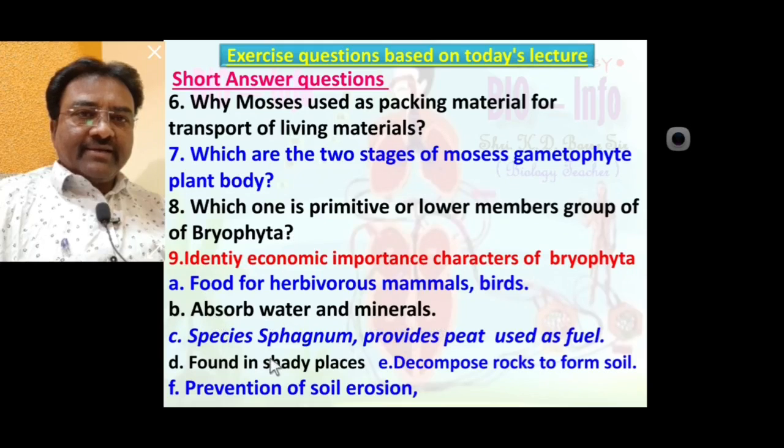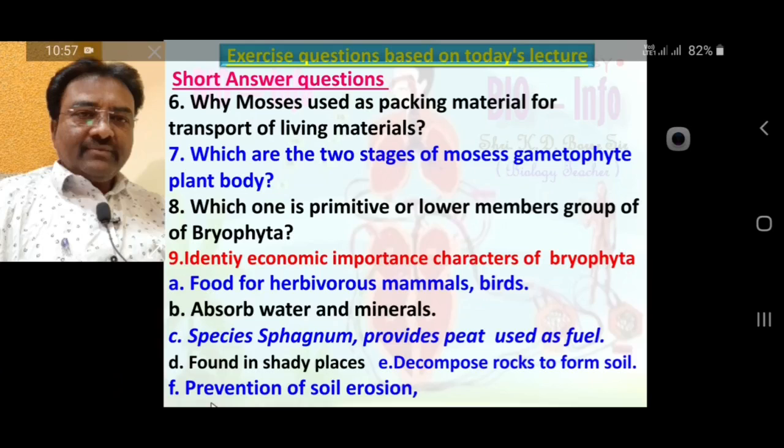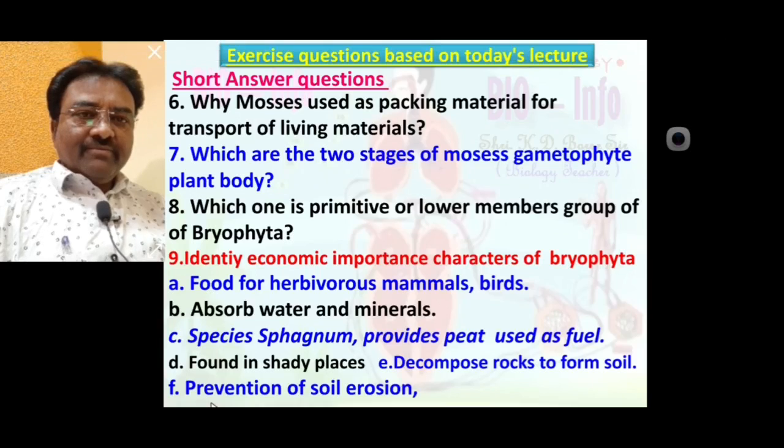C is also economic important. D is not. E, decompose rock to form soil, is an economic character. And F, prevention of soil erosion, is also an economic character. So B and D, other than all the noted characters, are not economic characters.